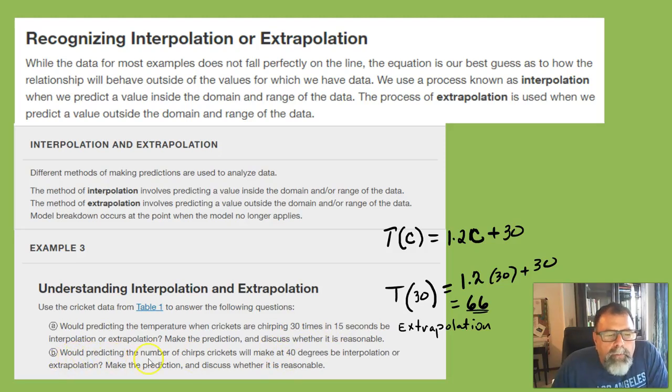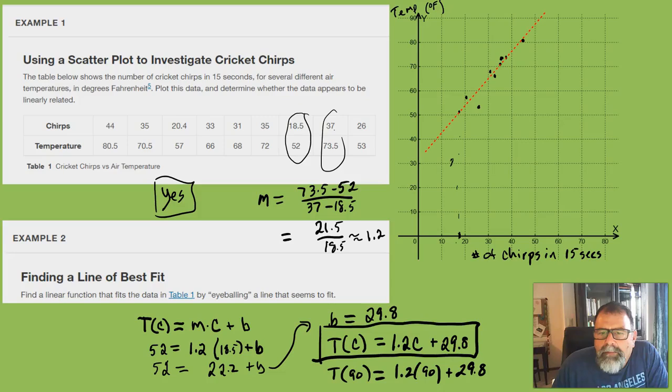Okay, B, would predicting the number of chirps crickets will make at 40 degrees be interpolation or extrapolation? So 40, again we want to see, is it within the domain and range of the data that we have? And so 40, well, that's well within our data set, right? Because our biggest one was 44 and our smallest one was 18.5. So 40 would definitely be within the data.